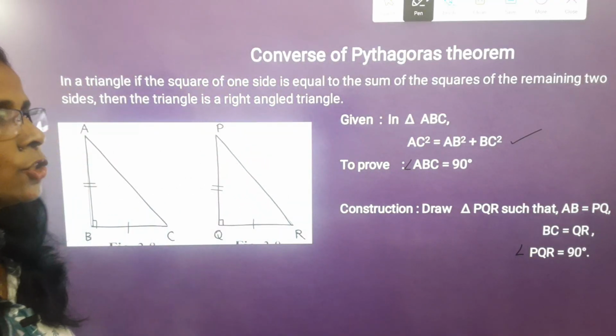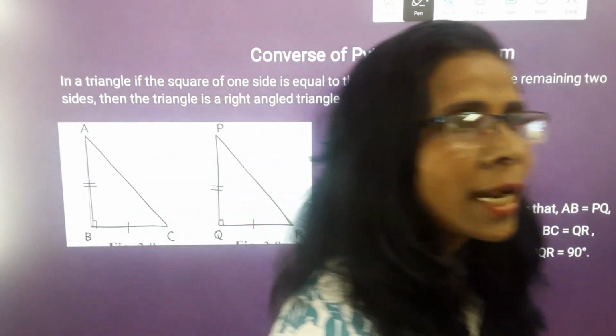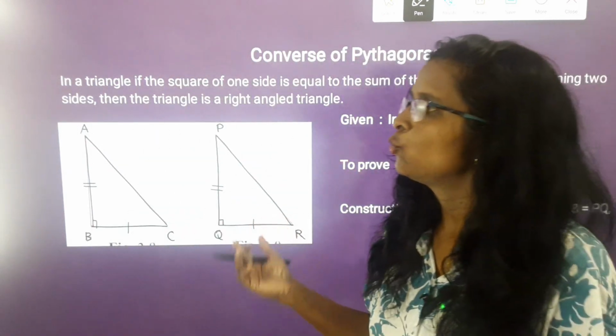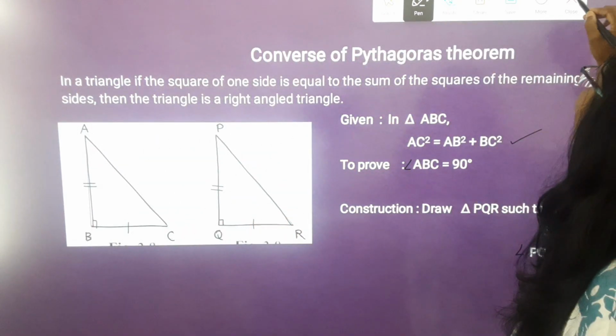So this is the construction. There are two triangles, and by comparing these two triangles, we can prove this theorem.